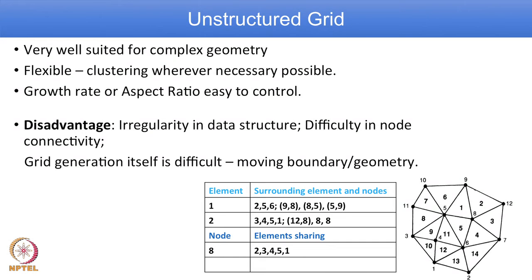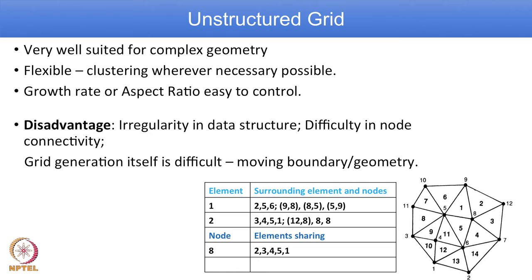So, one has to build a table explaining elements and surrounding element nodes. For example, element 1 has neighbouring elements 2, 5, 6. Elements 1 and 2 share nodes 9 and 8, which is what is given here in the bracket.